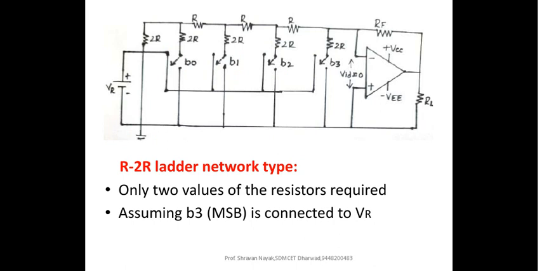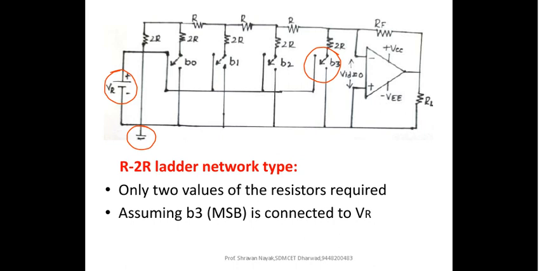Now here I have deliberately taken it as positive, so that the direction of flow of current would be this way rather than the other way around. In order to have both types of examples, I have deliberately taken plus VR. So what I mean to say is that a particular switch could either be connected to logic high, in terms of plus VR, or it can also be connected to ground here.